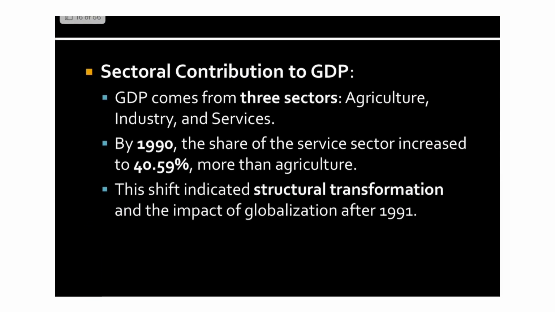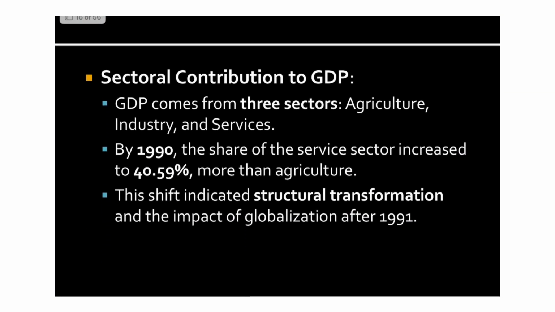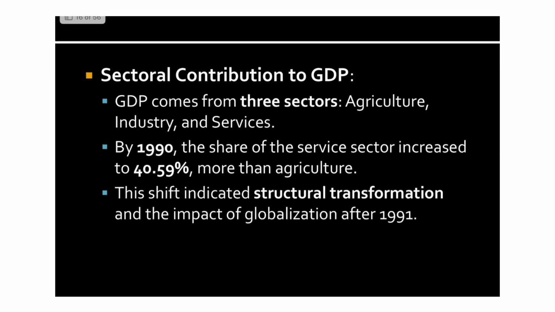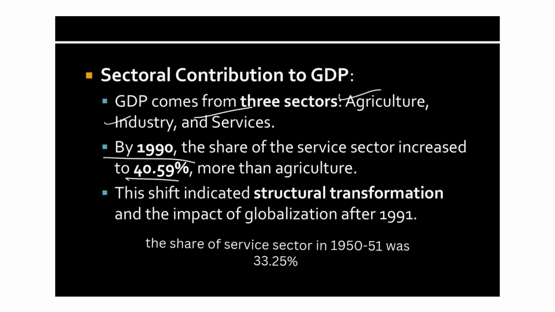Then there is sectoral contribution to GDP. GDP comes from three sectors, that is agriculture, industry and services. By the 1990s, the share of the service sector increased to 40.59%, more than agriculture.